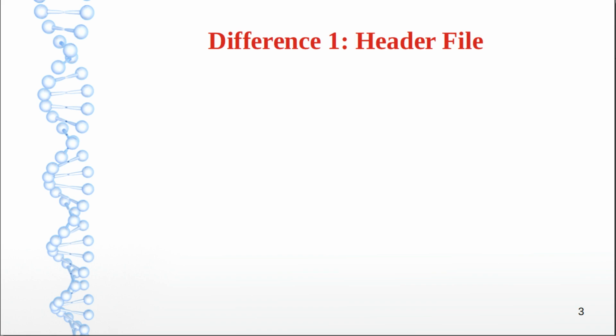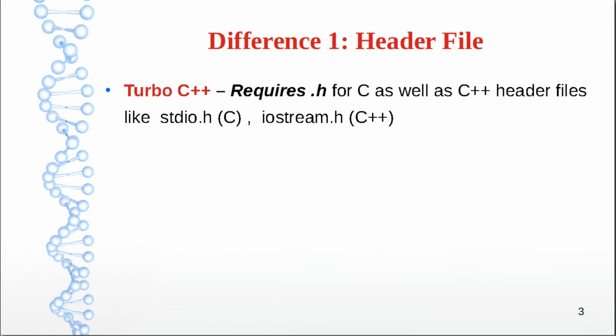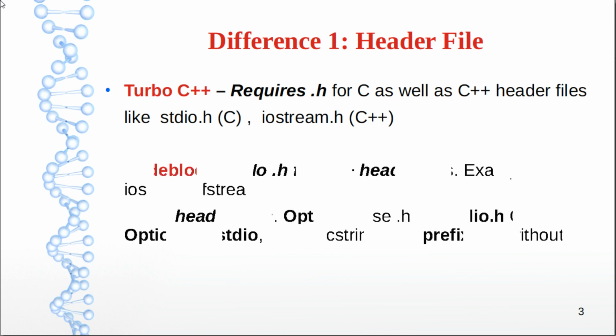The first difference is in header files. In TurboC++, we have to put .h for C as well as C++ header files like stdio.h or iostream.h.